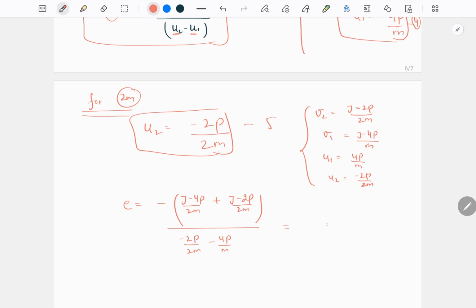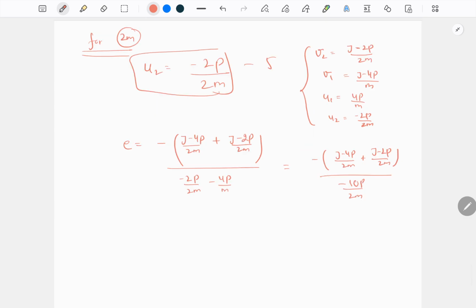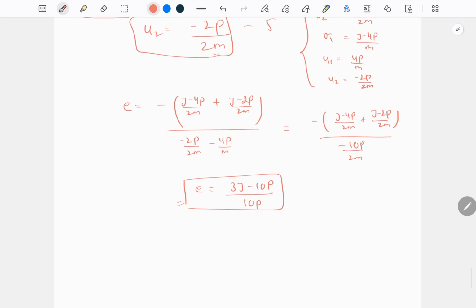If we solve this, it will be minus of (j minus 4p by 2m plus j minus 2p by 2m) by 10p by 2m. By solving this, E will be equal to (3j minus 10p) by 10p. This will be the final value of the coefficient of restitution.